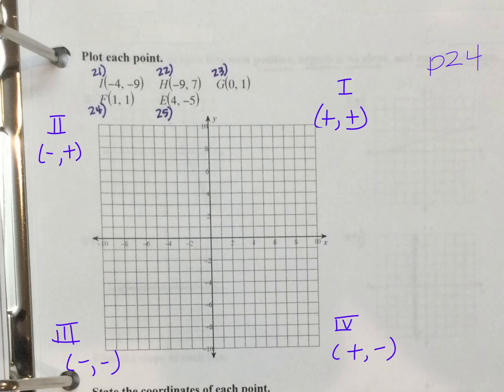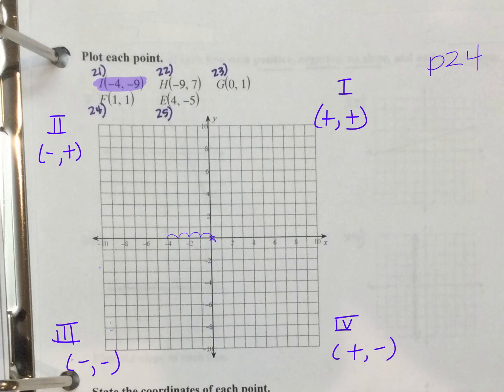So the first point I need to find is -4, -9. To do that, I need to start in the very center. It's negative, negative, so I know that it's going to end up in this box right here. So I'm going to start in the middle and I'm going to go 4, 1, 2, 3, 4.